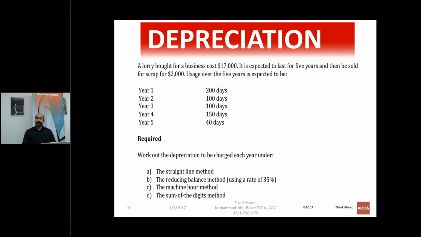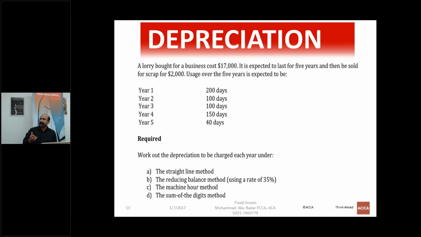See, this is a lorry. For this lorry, the machine hours or units of production are the number of days the lorry will operate. Over its life of 5 years, this lorry will operate 200 days, 100 days, 100 days, 150 days, 40 days. When we add up all these 5 figures, this will give us 590 days.